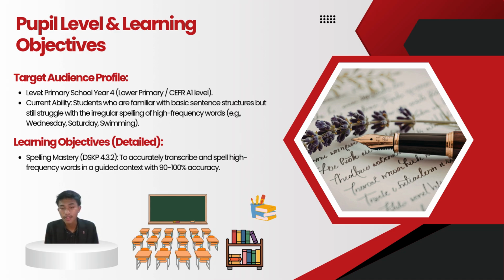The current ability for them is that they should be students who are familiar with basic sentence structure but still struggle with the irregular spelling of high frequency words, for example Wednesday, Saturday, swimming, and a lot more difficult words. The learning objective here is spelling mastery, aligned with DSKP 4.3.2, which is to accurately transcribe and spell high frequency words in guided content with 90 to 100% accuracy.